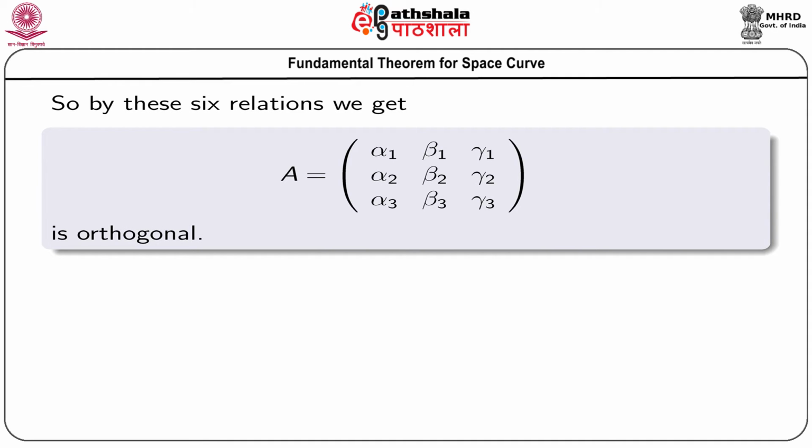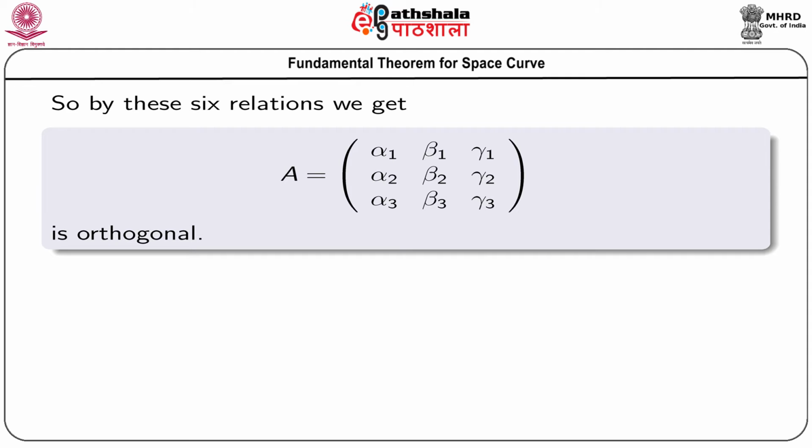So, by these 6 relations we get the matrix A = [α1 β1 γ1; α2 β2 γ2; α3 β3 γ3].